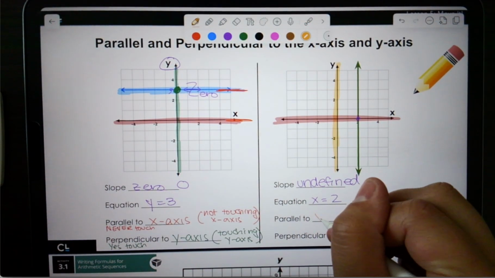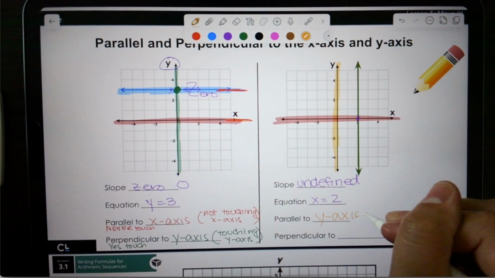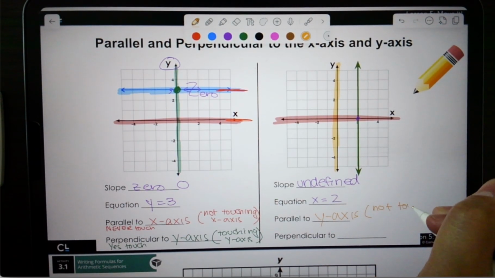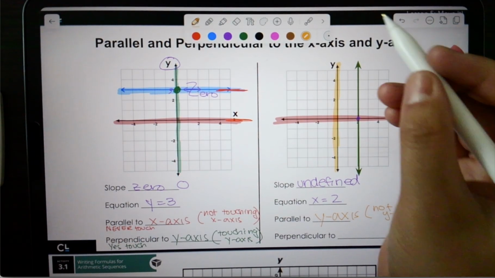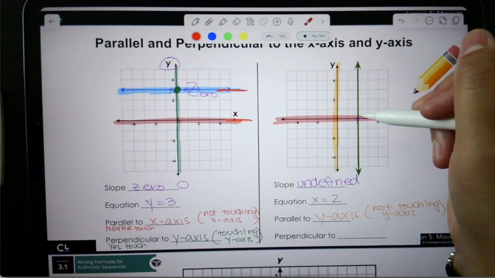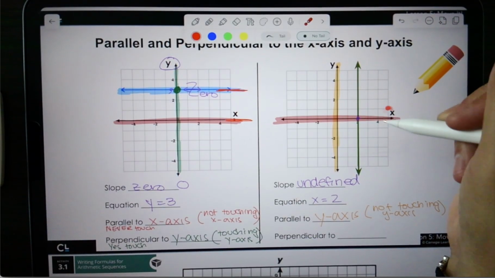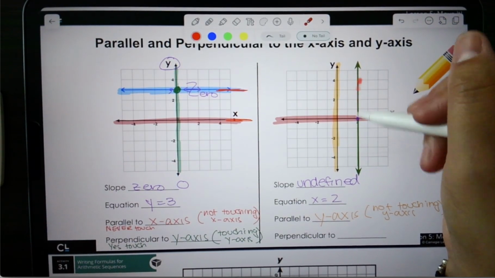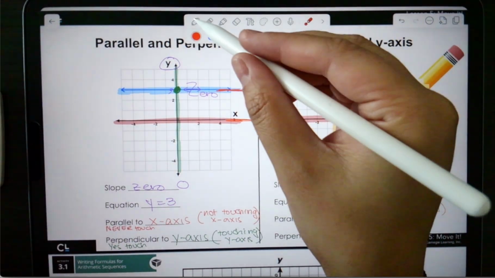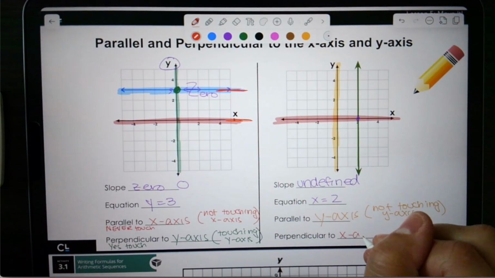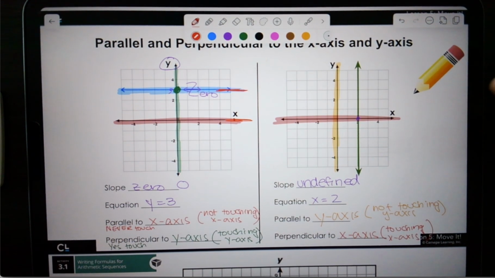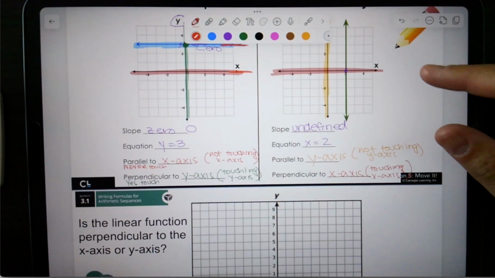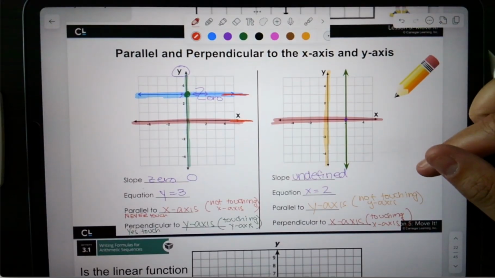Parallel to y-axis, not touching y-axis. Now, perpendicular to, if I look at the green line, it's touching my red line, which is my x-axis. So, it's perpendicular to the x-axis. X-axis touching x-axis. So let's try the actual questions for today. Make sure you copy all of that.